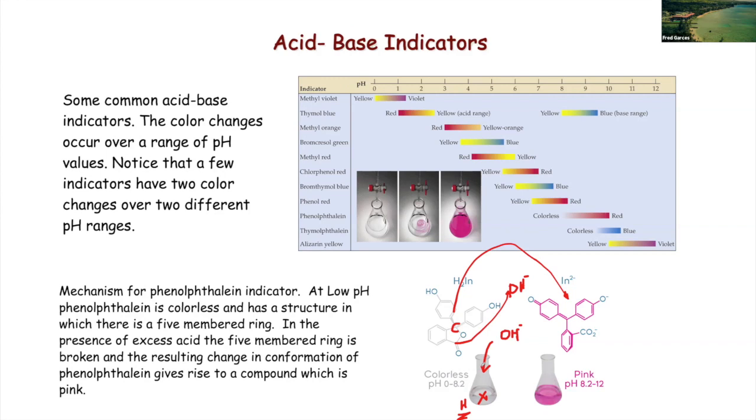The indicator will react with the hydroxide because it's going to be a weaker acid, essentially. And now the configuration changes and you start to see that solution turning pink. That's the chemistry of why you see a color change when you reach the equivalence point.